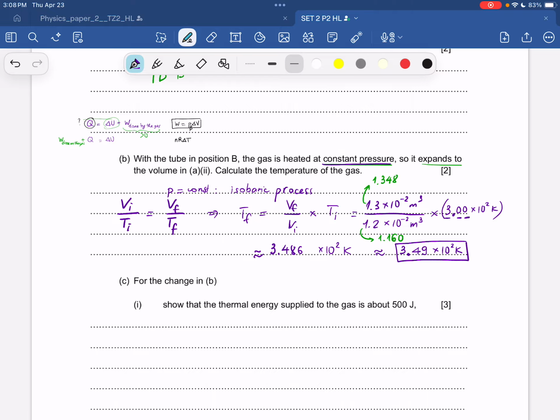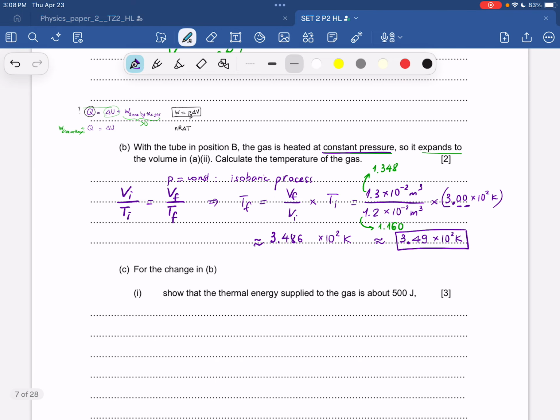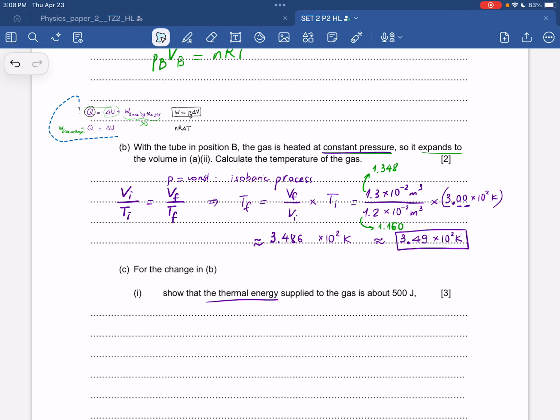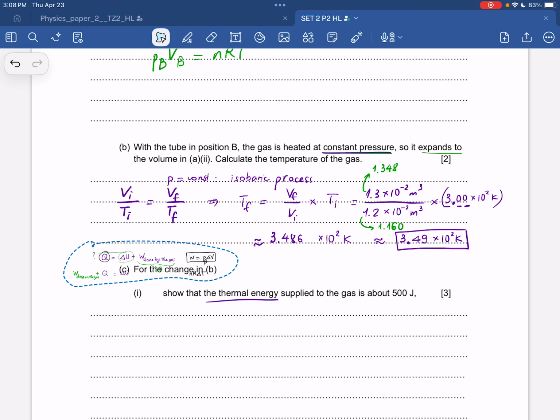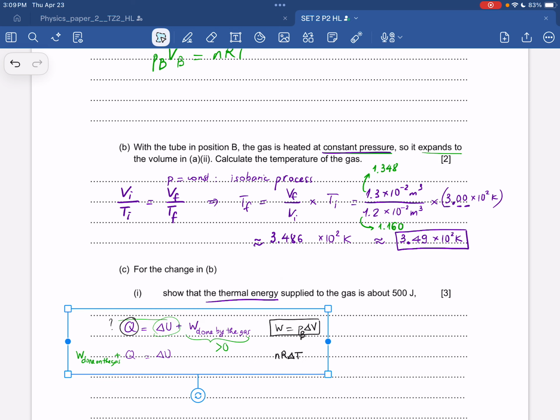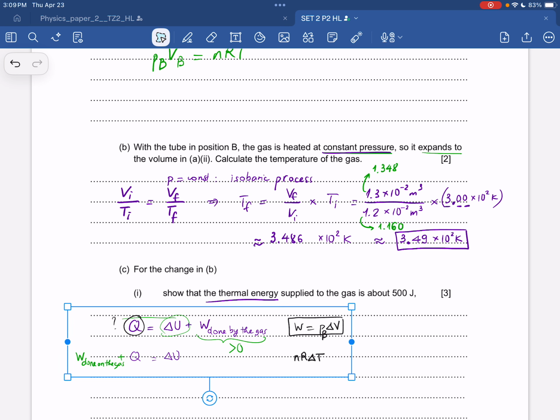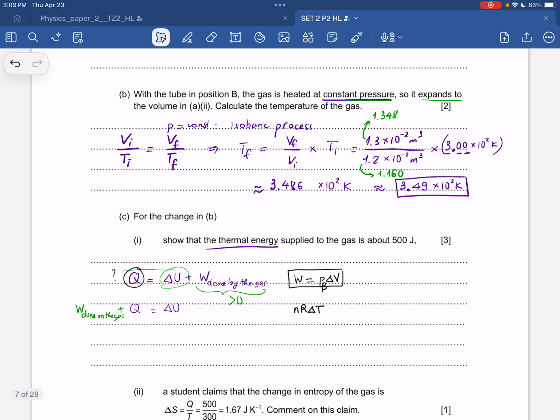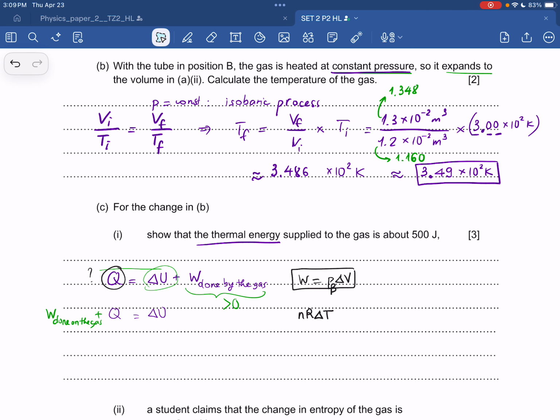Okay, then part C, for the change in B, show that the thermal energy supplied. Oh, so you see that actually we still need to use what we had before, but that's for the next question. Okay, so basically the Q in this case, we should use the first law. This one is good enough, right? So let's just keep this one.